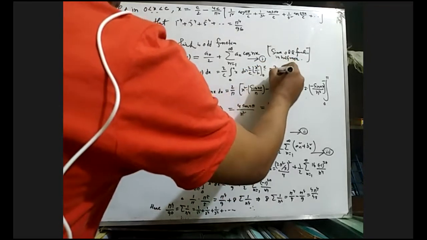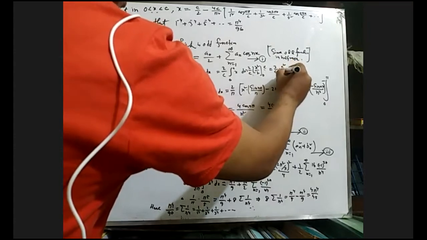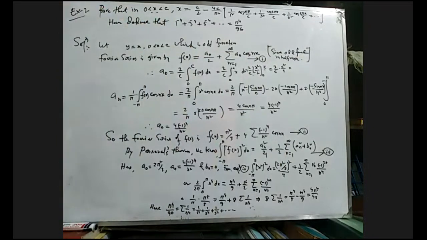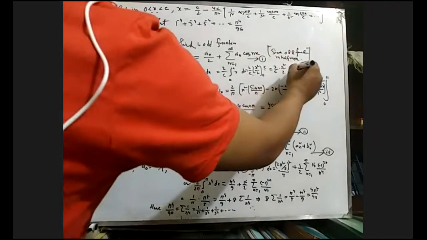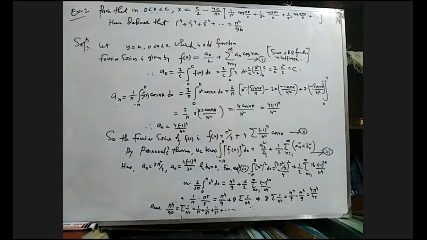So we get 2 by c into c square by 4, and c is cancelled, 2 is cancelled, and we get only c. Remember it. So the cosine coefficient for n equals 0 is only c.